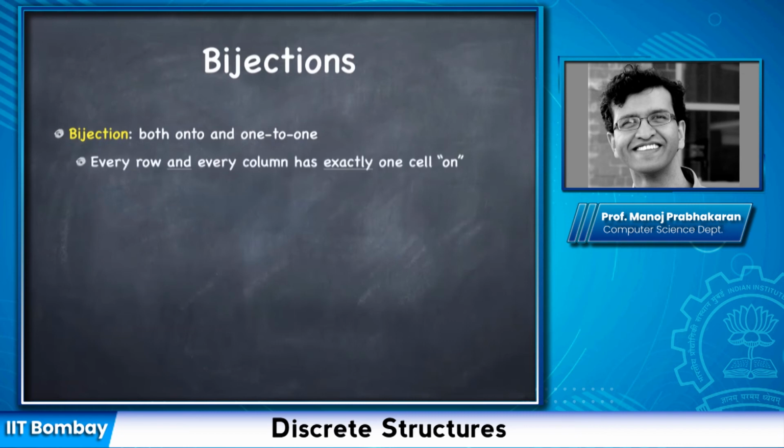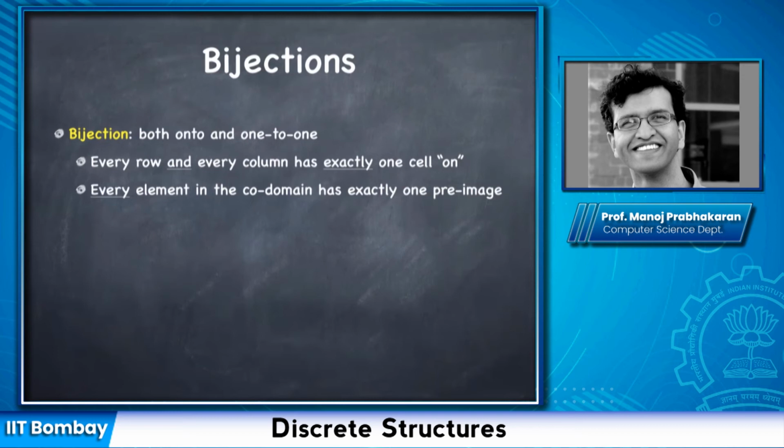That is, every row has exactly one cell switched on, and of course every column has exactly one cell switched on because it's a function. So in a bijective function, every row and every column has exactly one cell switched on. Another way to say that is that every element in the codomain has exactly one preimage.